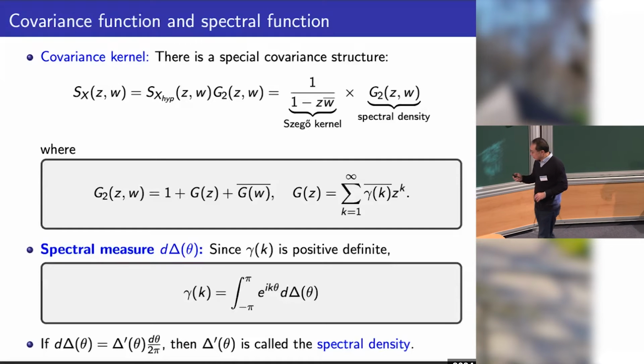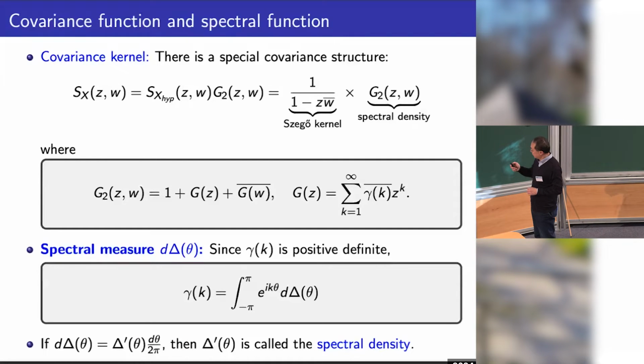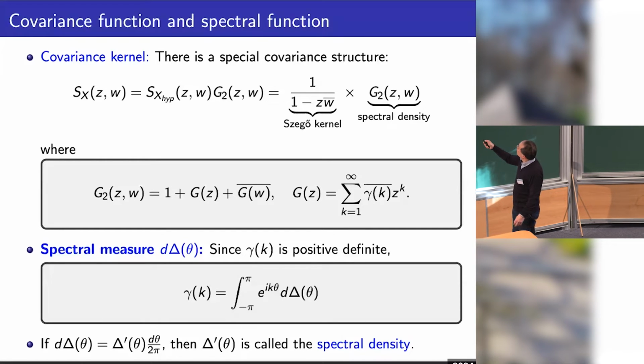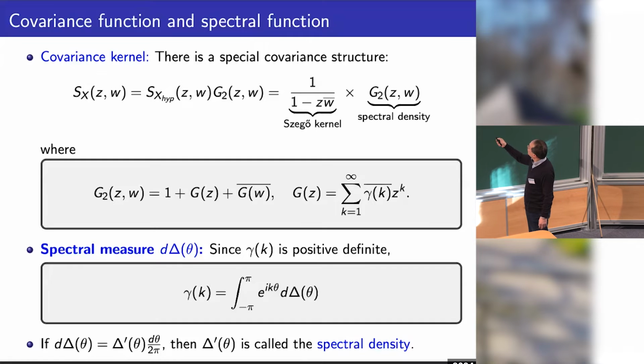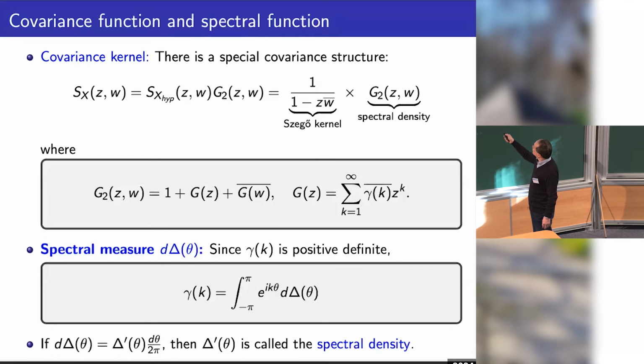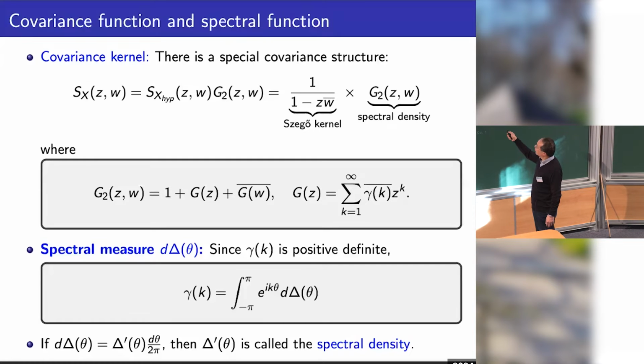Okay, so what is the difference? This S is the covariance kernel, here the covariance kernel of the hyperbolic graph. And if you put in a dependence, there is a very nice special covariance structure. This covariance is the product of the original hyperbolic graph, so this is the i.i.d. case, and here the additional term.